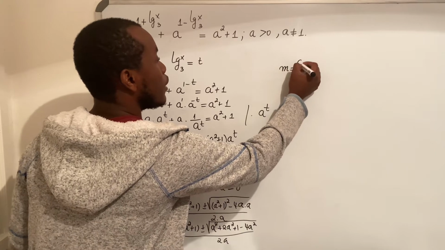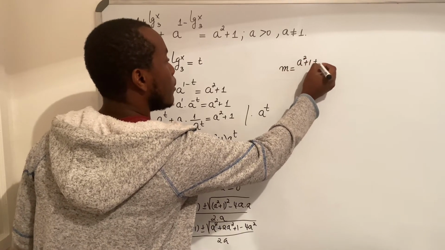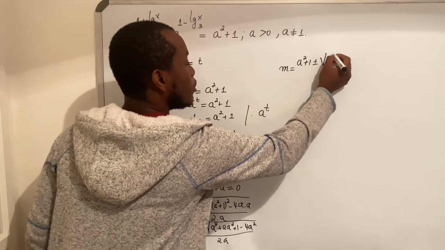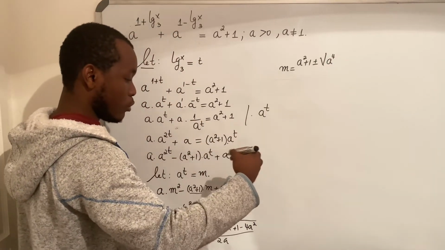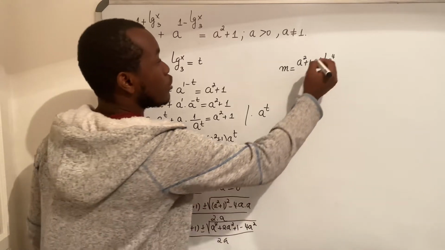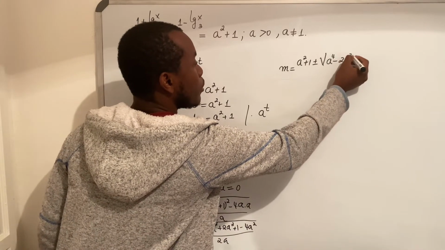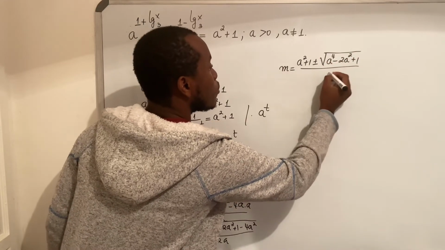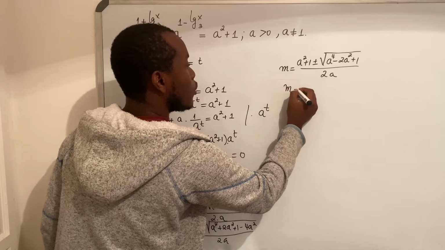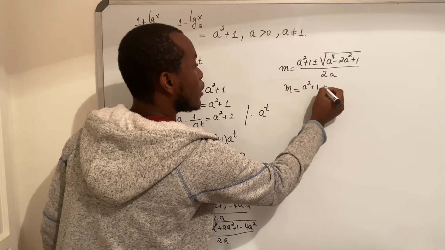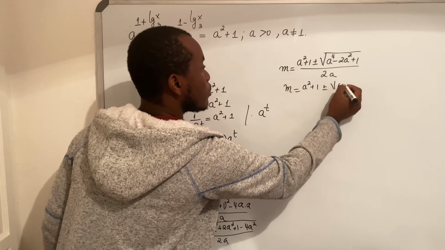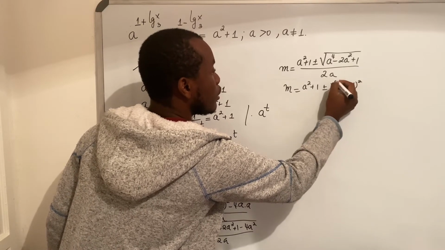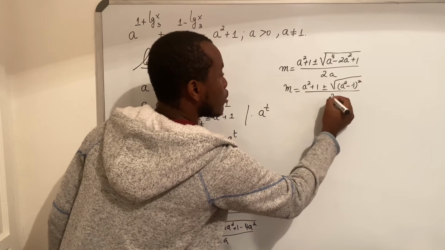Okay, now we can carry on on the other side. M is going to be a squared plus 1 plus or minus the square root of a to the power 4 plus 2a squared minus 4a squared, which is minus 2a squared, plus 1, over 2a. Here is the same as the square root of a squared minus 1 squared over 2a.